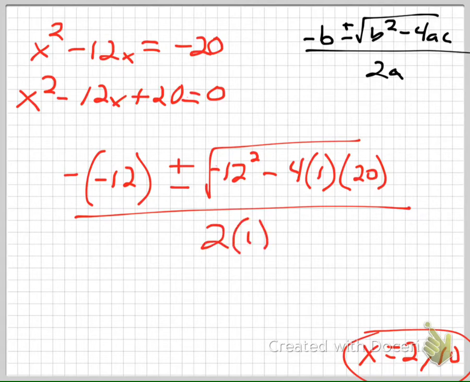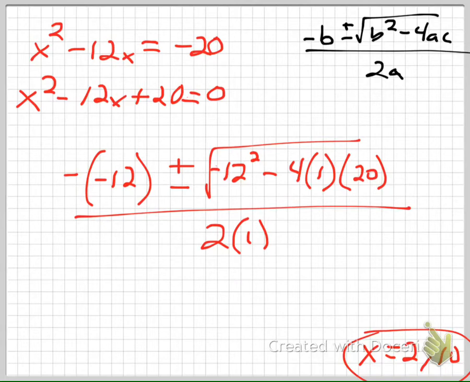Do you see what I've done here? I simply plugged stuff in. I plugged in A, B, and C where it belongs. Right, Big John? Does that make sense? All I've done is taken A, B, and C, and plugged it in. This should not be confusing because I've just plugged it into the formula, right?